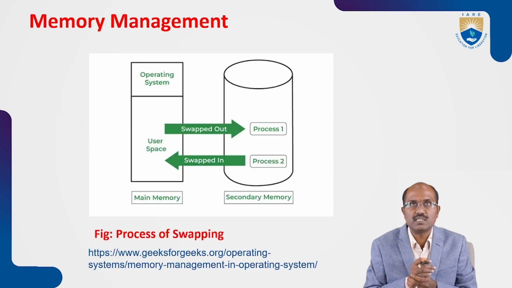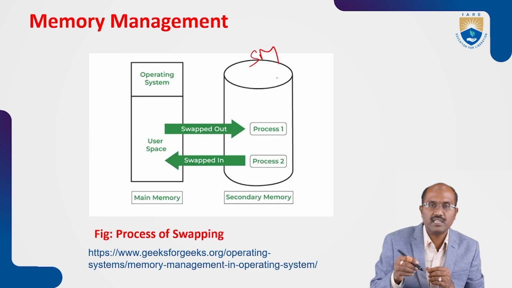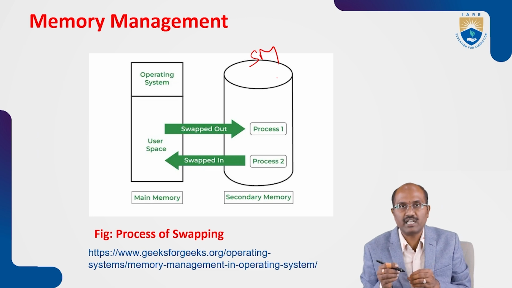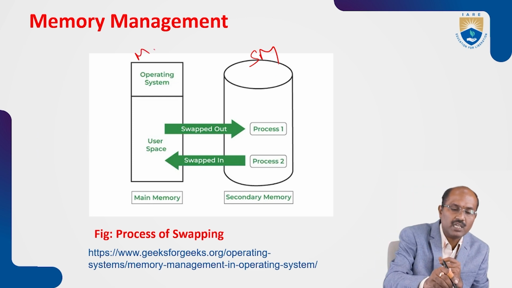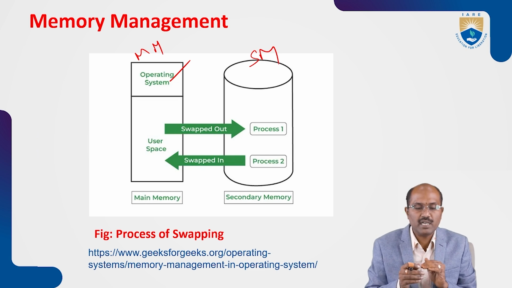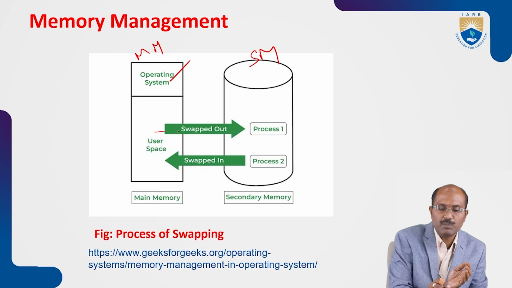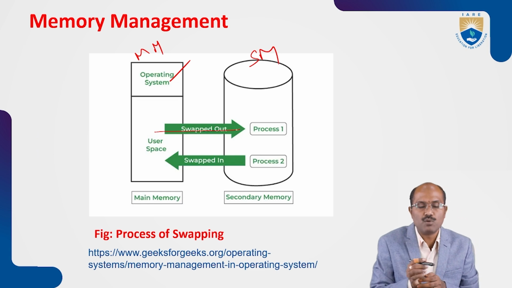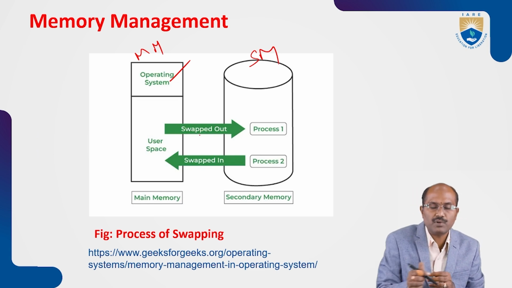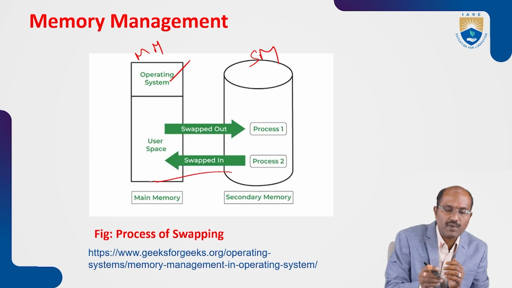So how does swap out and swap in work? In the secondary memory, there are process 1 and process 2. In the main memory, the operating system is resident. A process moved from main memory to secondary memory is called swapped out, and a process moved from secondary memory to main memory is called swap in.